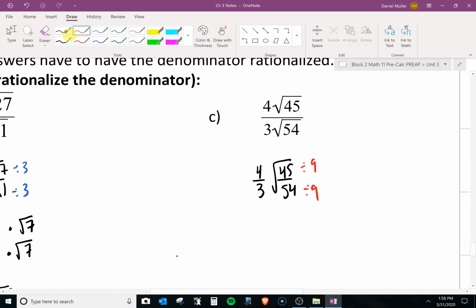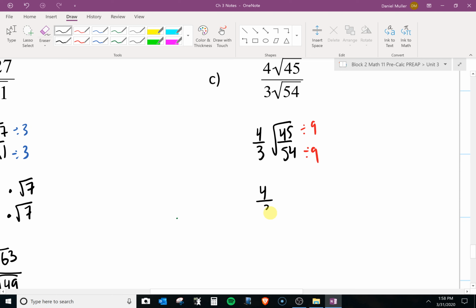That makes the numbers a lot smaller. So I've got 4, and I've got 3, and I have 45 divided by 9, which is going to be 5, and 54 divided by 9, which is going to be 6. So you can simplify the fractions and then split them back up, which is what I've done here.